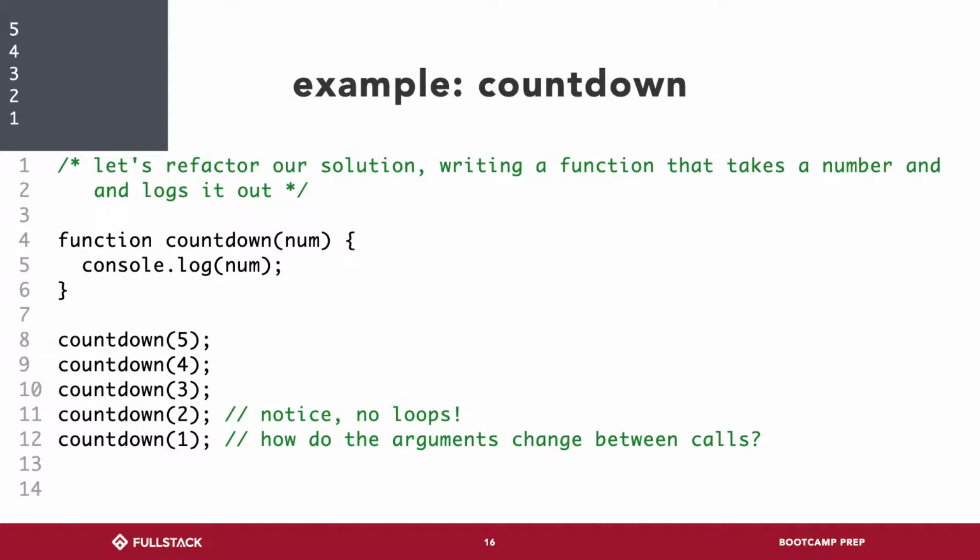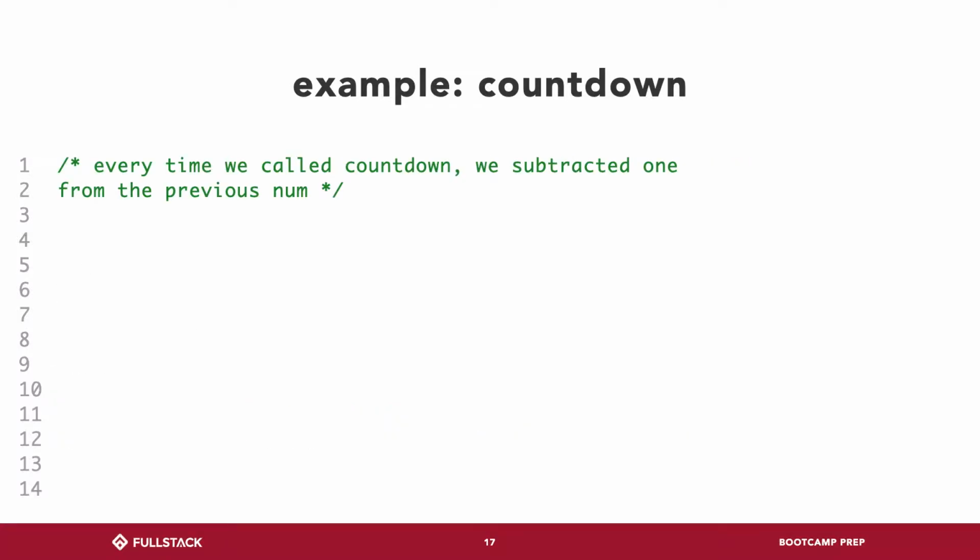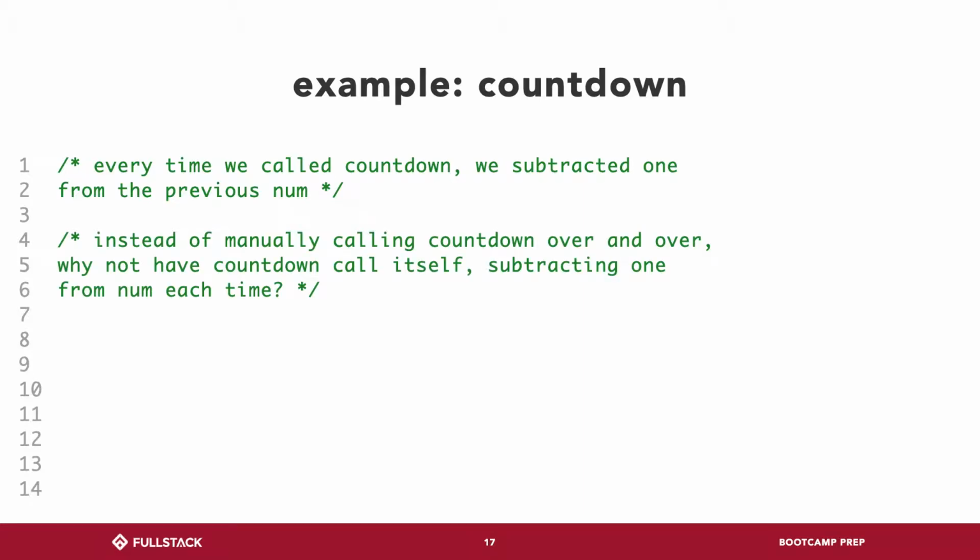So this is not the right way to do anything. We want to simplify things because that's what programming is all about. Automating everything, okay? So what if every time we called countdown, we subtracted 1 from the previous num? Instead of manually calling countdown over and over, why not have countdown call itself, subtracting 1 from num each time?